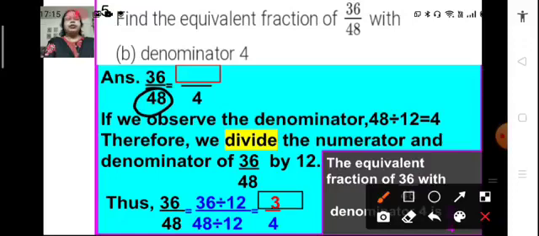That means we have to divide both the numerator and denominator of this fraction by 12. We have done this here. So what do we get? We get 3 upon 4. So 3 upon 4 is the equivalent fraction of 36 upon 48 with denominator 4. So the box will be filled by the number 3.